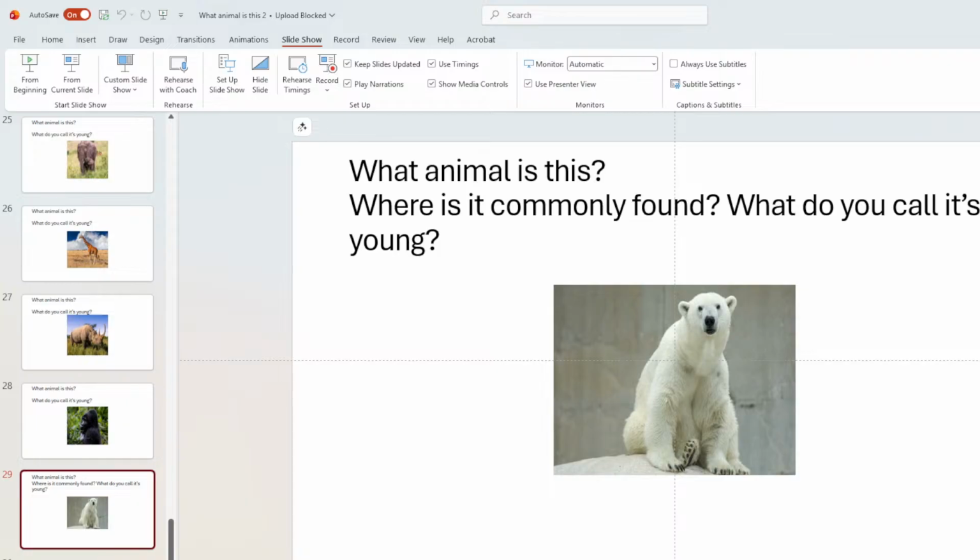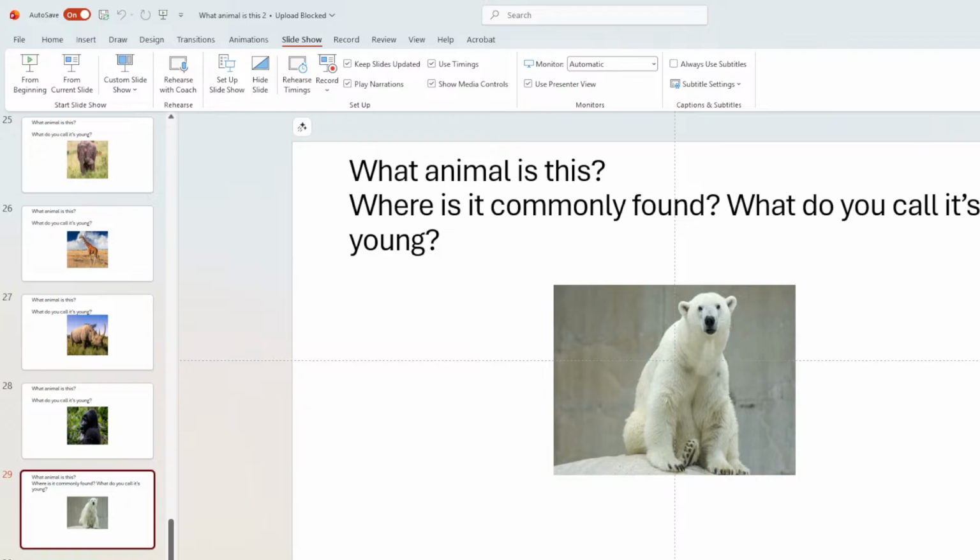Now, which animal do you think this is? So this animal is the polar bear. That's the one that I had mistaken for the panda the other time. It just tells me that I don't really know these animals that much. So that's a polar bear.